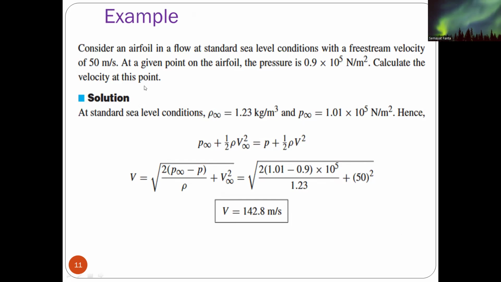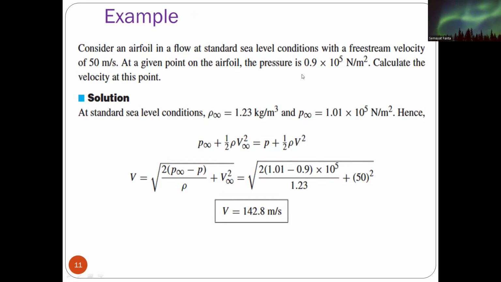So the pressure at free stream plus half rho V square of the free stream condition is equal to P plus half rho V square, which is the general formula from Bernoulli's equation. So that gives us the final V, which is the square root of 2 times the free stream pressure minus the pressure at that point, divided by the density.